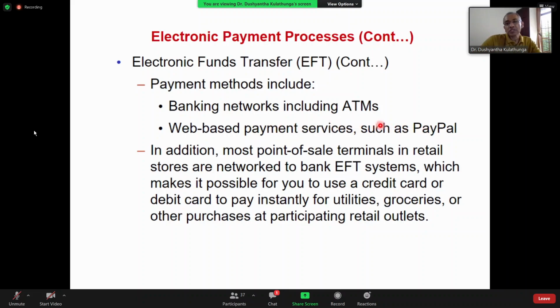And thereafter, you may use the money that you have credited in the PayPal account to make payments for the purchases that you make. So why do you use the PayPal account instead of a credit card directly?